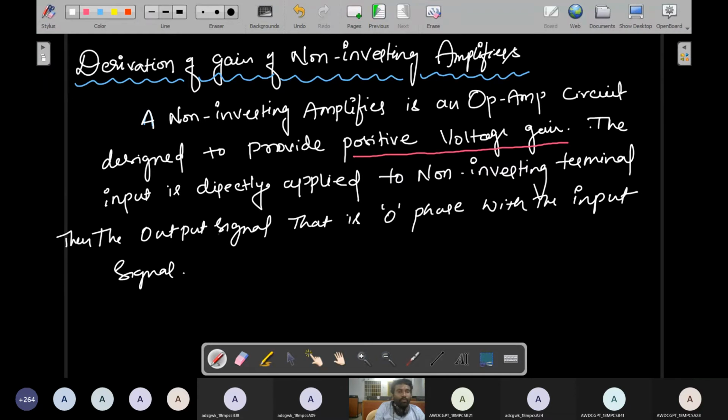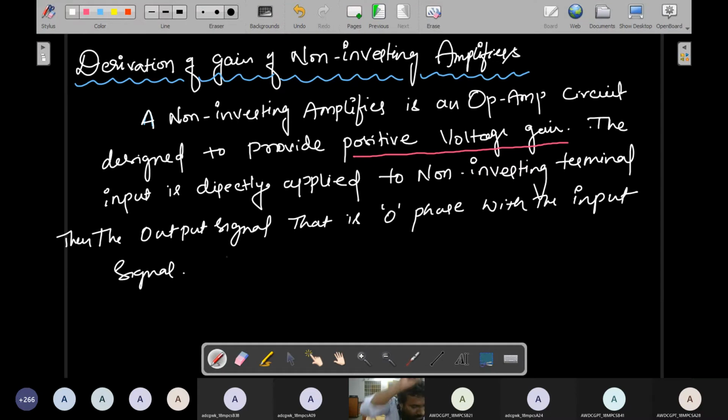The output voltage delivered by a non-inverting amplifier is always maintained at zero phase. Whatever input signal is given to this type of operational amplifier, the output voltage is in the same phase as the input signal.